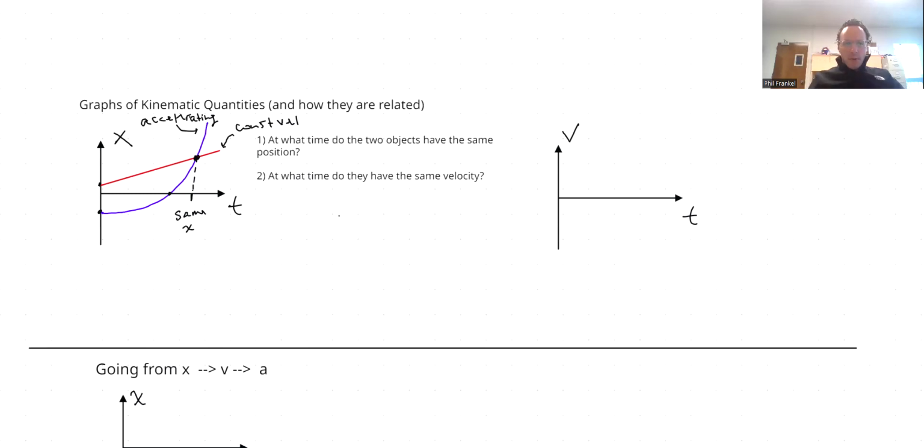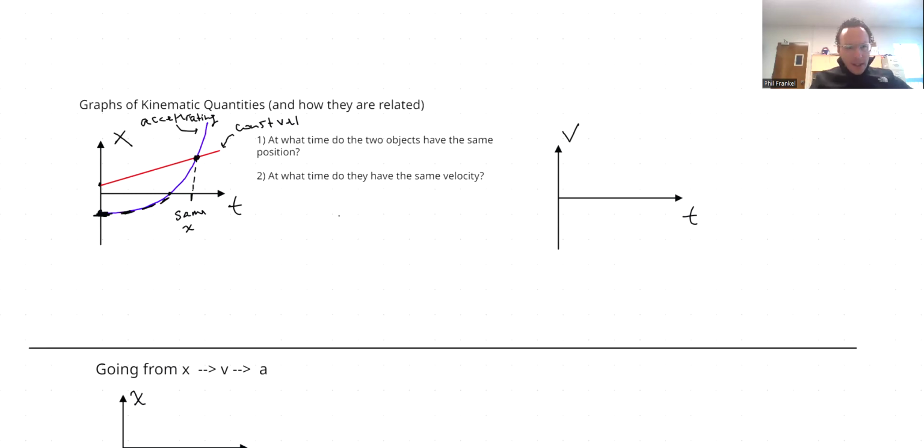The slope of the red object's position versus time graph is a constant positive value. But look, the slope of the blue object's position versus time graph starts at 0, then gets bigger, more positive, a bigger positive number, a bigger positive number, a bigger positive number. And there is some time where the slope of the blue graph matches that of the red.